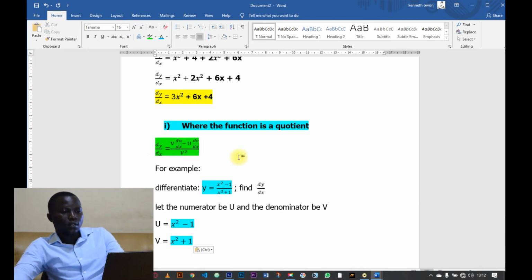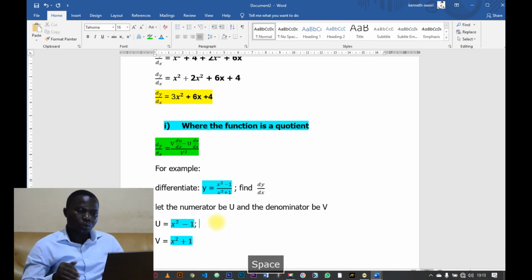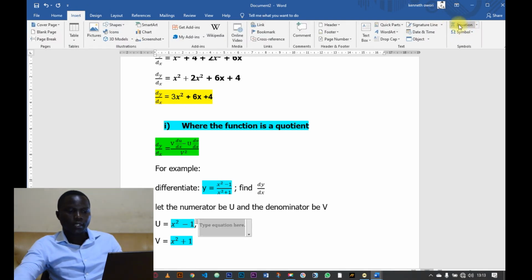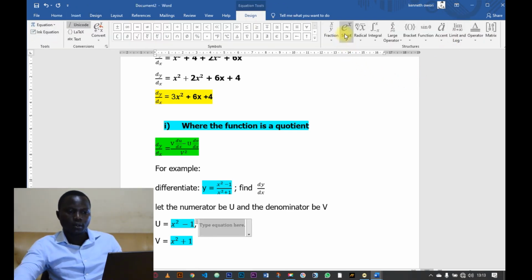Now we need to find du/dx and we need to find dv/dx. So from u equaling x squared minus 1, du/dx would be obtained by differentiating x squared minus 1 with respect to x.